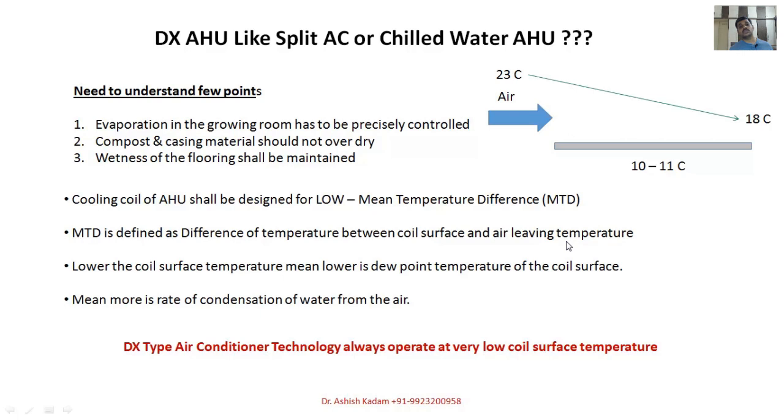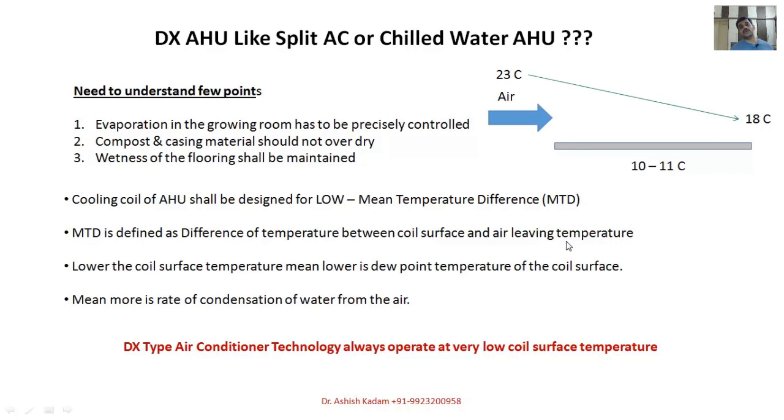So 200 into 0.3, almost 60 kilowatt more. 60 kilowatt, and you can convert: 60 into 8 rupees, which is the cost of electricity for 1 unit. So 60 into 8, around 480 to 500 rupees you will be paying extra every hour because you are having the DX type system in your plant.